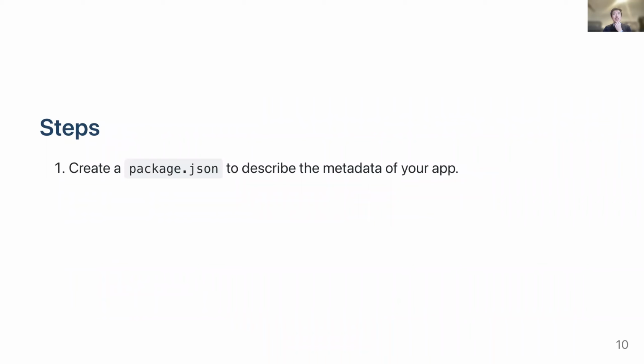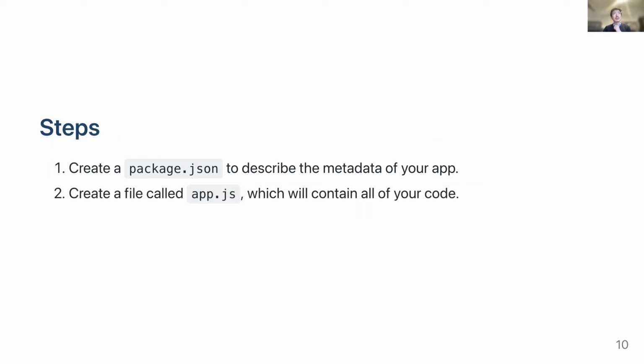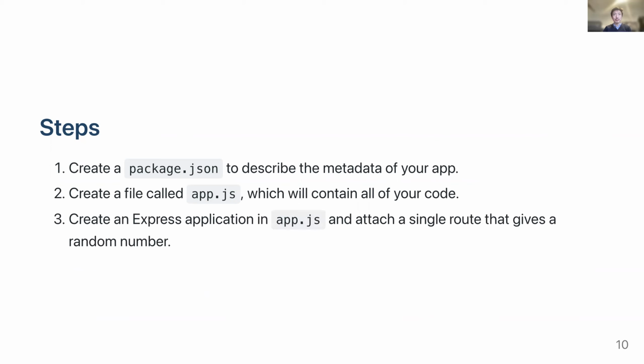So as usual, when we create the backend, we need a package.json file for the Node.js project, and then the main server file, we might call it app.js or something else, completely up to you. Then you create an Express application inside app.js.